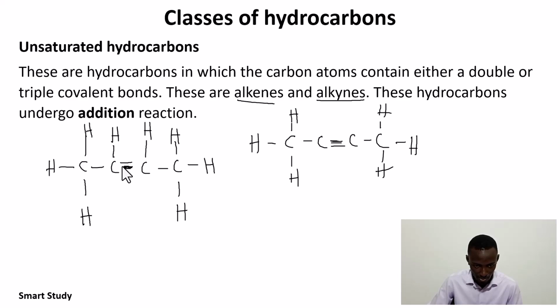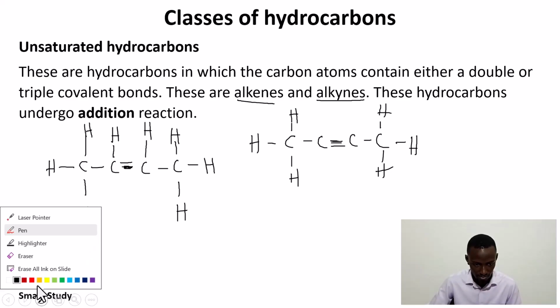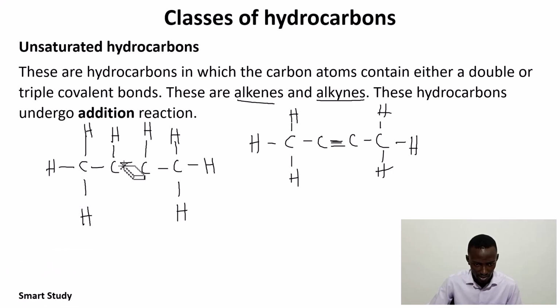Yeah, let me just put it that way. So here there will now be only, let me use an eraser. So let me get the eraser. If it is an addition reaction, that means we are going to remove this, and now we have one bond here. And then what happens is that it now becomes this way.